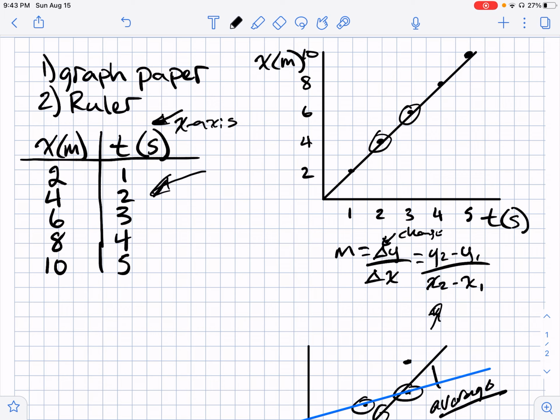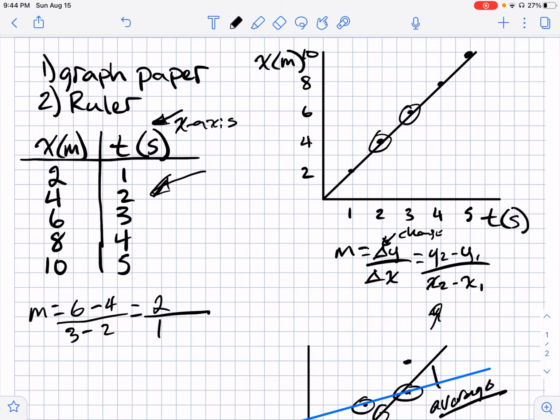Then we're going to plug it into our formula for the slope. So your slope of this line is going to equal your y2 minus your y1, which would be 6 minus 4, all over your x2 minus x1, which would be 3 minus 2. So 6 minus 4 gives me 2, and 3 minus 2 gives me 1.